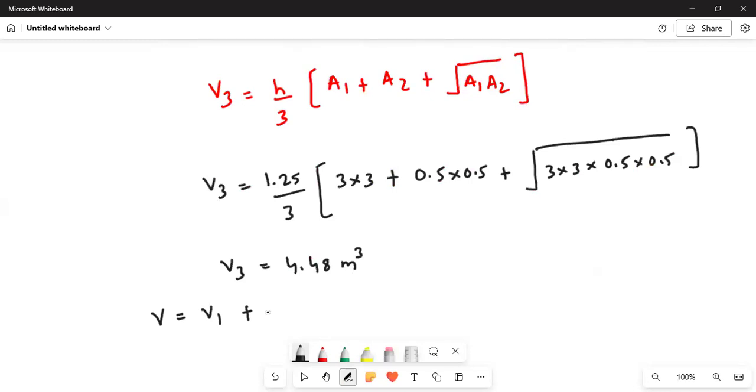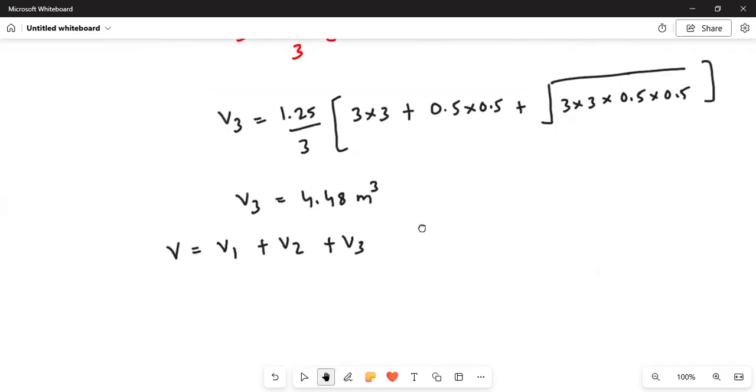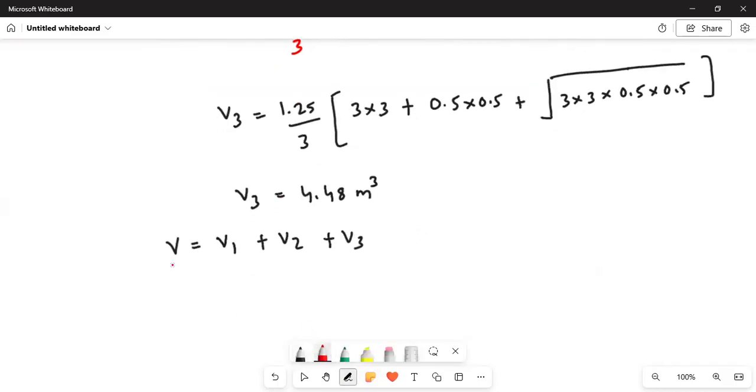Okay, so we got V1 plus V2 plus V3. So from this, what we know? We know V1 and we know V3. So V2 can be calculated. What is V2? V2 is the volume of the cylindrical portion or the middle portion of the bunker. So again, I will find V2. V2 equal to V minus V1 minus V3. What is V?